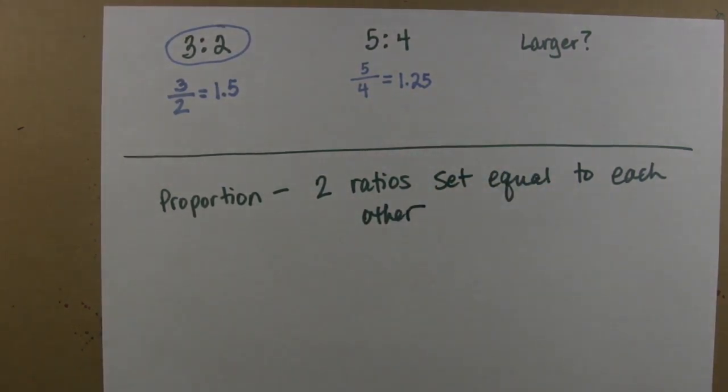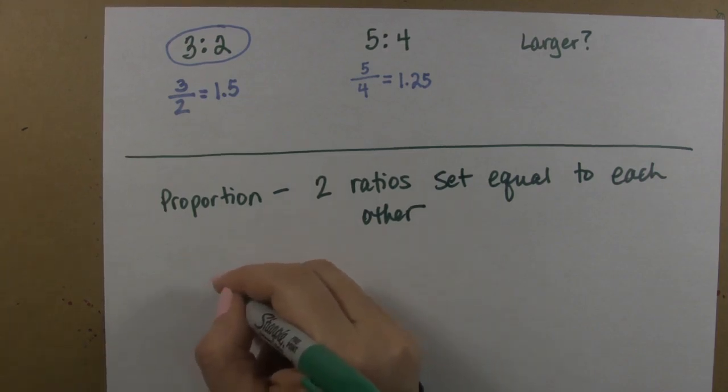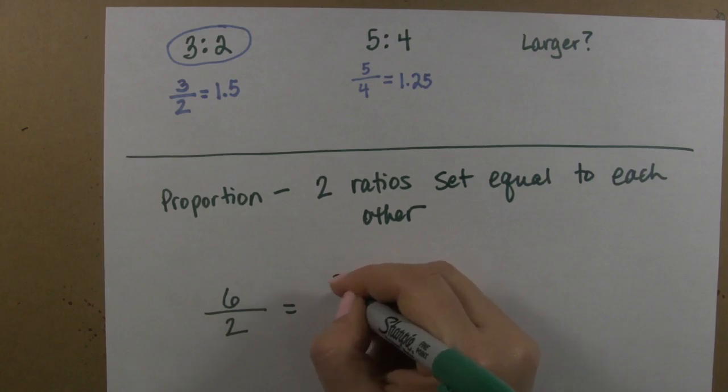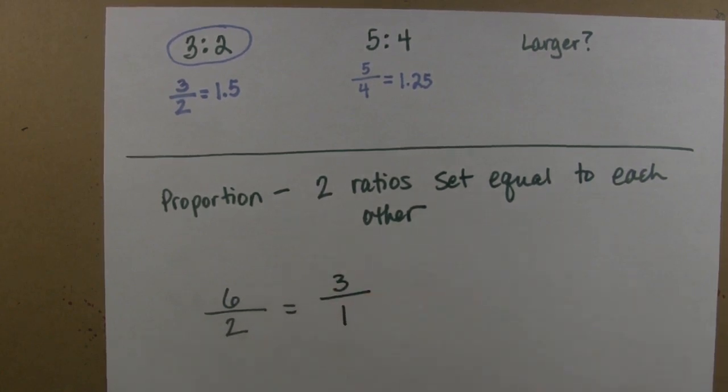For instance, if we go back to our blue dots and red dots, I could say that 6 red dots to 2 blue dots is the same thing as 3 red dots to 1 blue dot, right? Because these are equal to each other. I can reduce 6 over 2, I can reduce it to 3 over 1. All right, that is not very exciting. The way that proportions get exciting is when you start solving for unknowns.